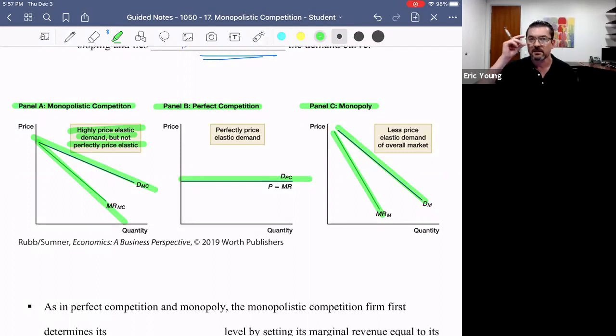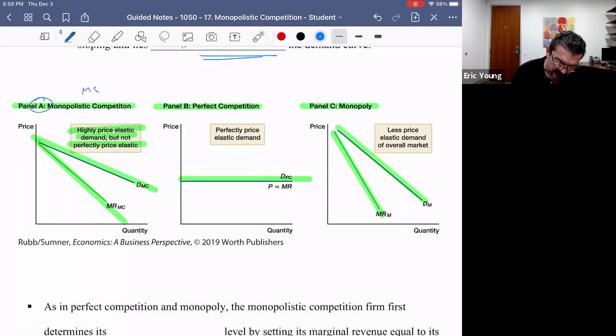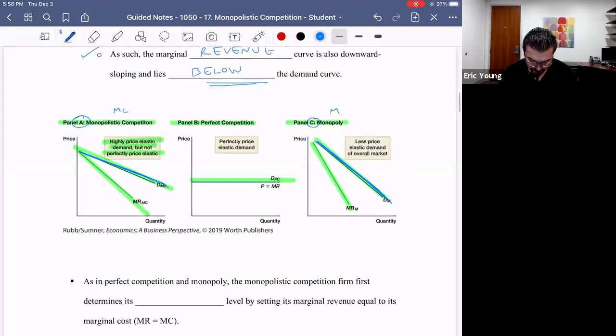And contestable markets implies there are not just actual rivals, but potential rivals. So if you notice, comparing panel A, monopolistic competition, to panel C, Monopoly, you'll see that they both have a downward sloping demand curve, but the Monopoly curve is much steeper, the MC curve much flatter. This reflects the relative elasticities, okay?